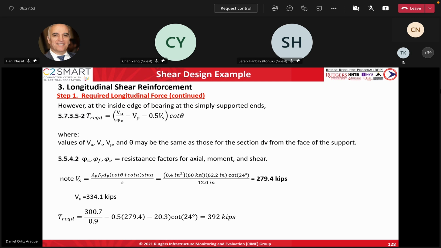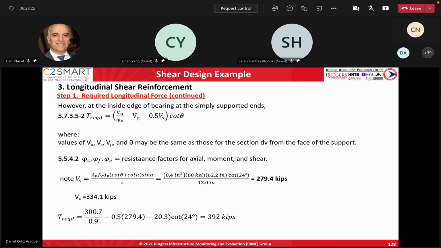Since we don't have NU and the angle is 0, we can cancel some of these terms, and at the inside edge of the bearing, this formula also applies from the AASHTO code. Given this, we can simplify for VS, right? And we get this 279 kips.